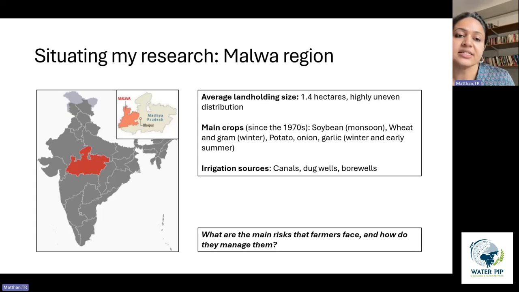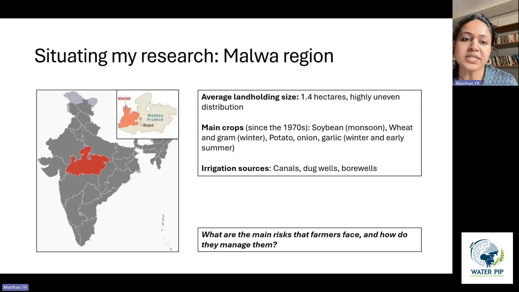It's witnessed significant agricultural growth in the past 2 decades, which is relevant to the question of groundwater here. And I should say that much like many other parts of South Asia, the average landholding size is quite small. It's 1.4 hectares in the state of Madhya Pradesh, and it's highly unevenly distributed based on caste, which overlaps with class.